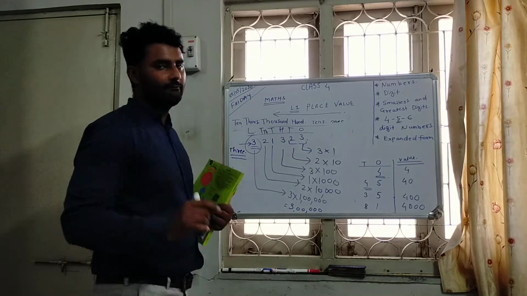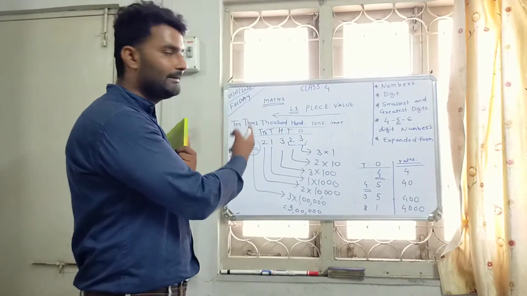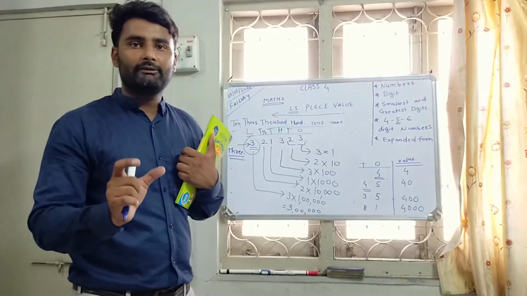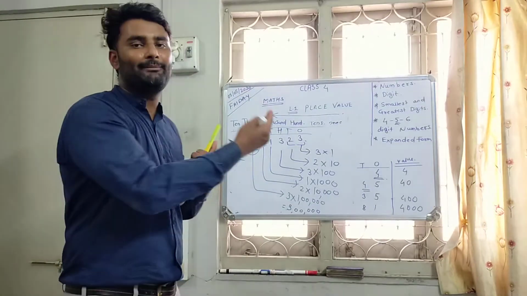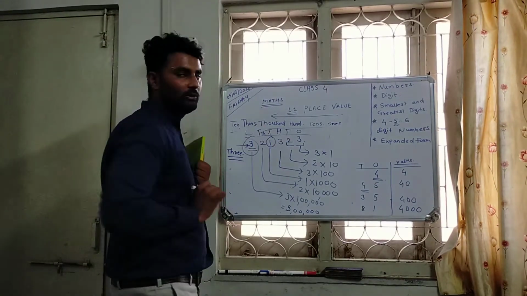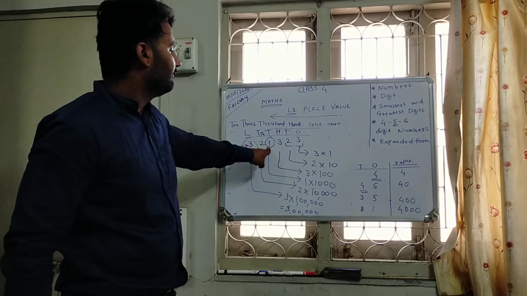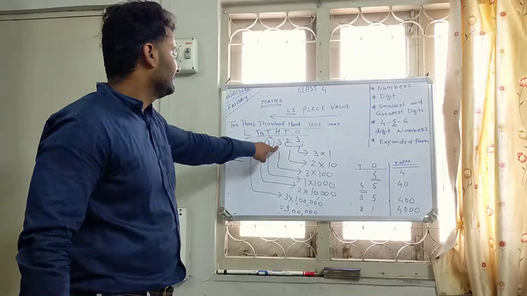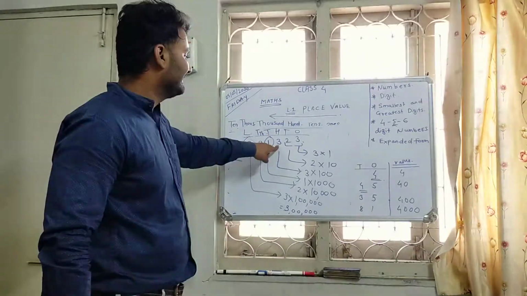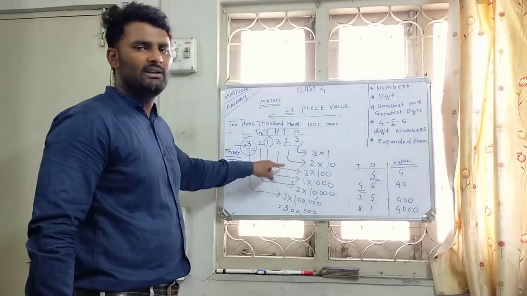The difference between face value and place value is that face value is the number itself and place value is the position where the number is standing. Here the position of 1 is thousands, so I can tell this is 1000. The 3 is at the hundreds place, so I can tell 300.